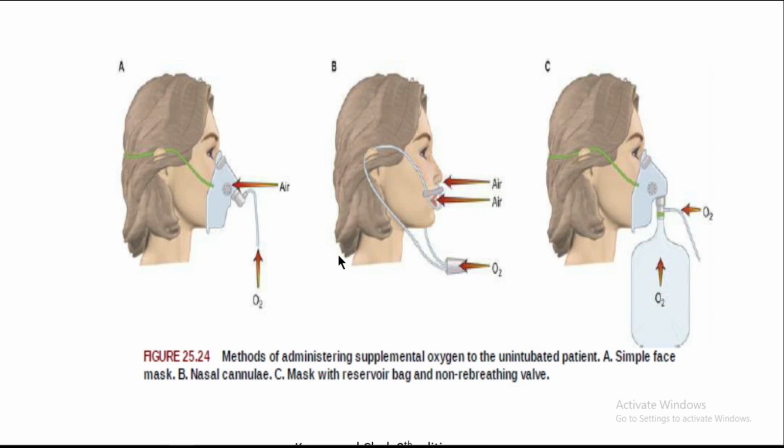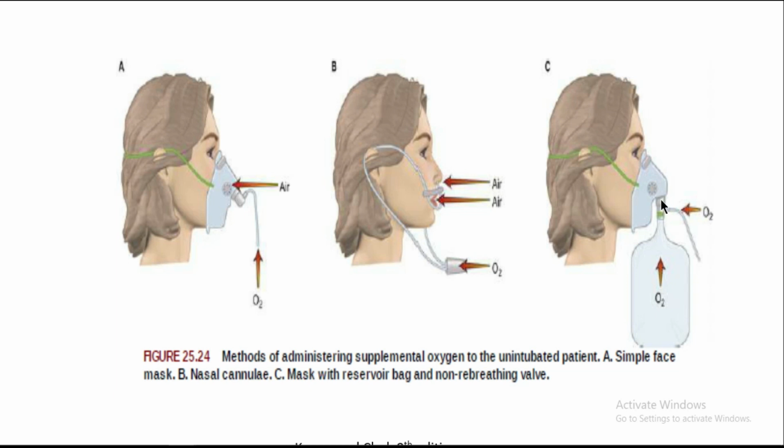Here we can see some devices. This is a simple oxygen mask used on the patient. This is a nasal cannula, and this is a reservoir mask. This is a reservoir mask with a non-rebreather valve. Here there are two valves present. One is here, and obviously it is a unidirectional valve.